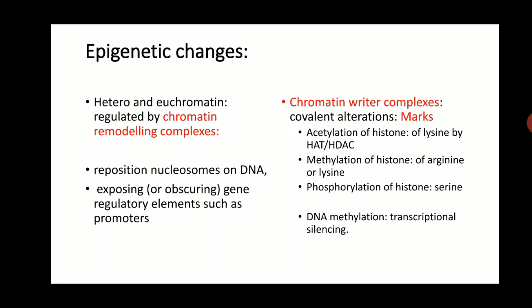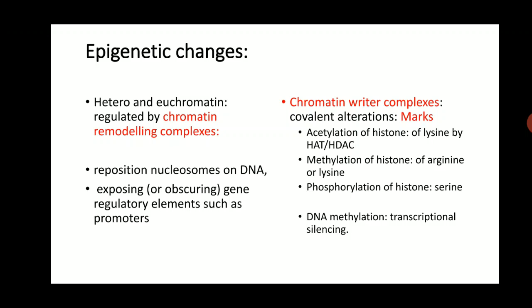The chromatin remodeling, as the name suggests, leads to remodeling of the chromatin by shifting the position of the nucleosome. We have seen previously that the nucleosomes are structures where the histone protein has got a DNA wrapped around it, and the nucleosome is transcriptionally inactive.